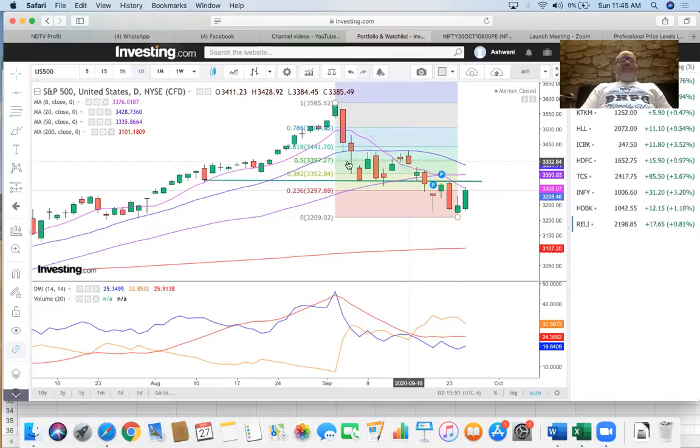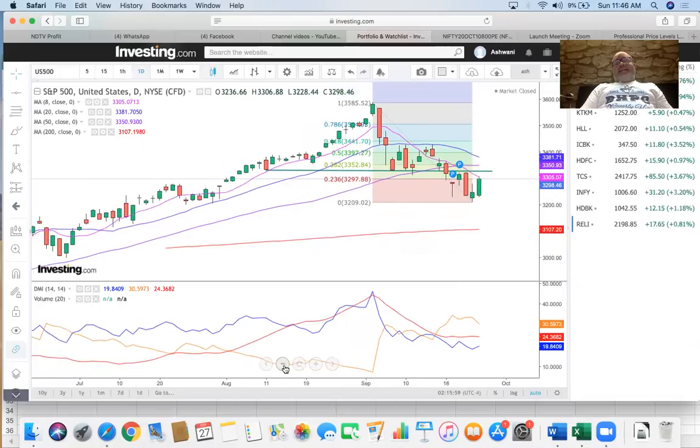Overall, the time is not right according to me for a fresh move to start. So my sense is that one excursion towards this 200-day moving average is likely on the S&P 500.